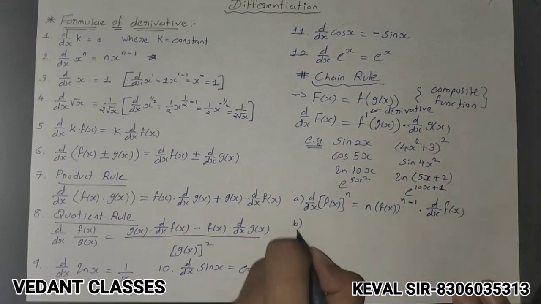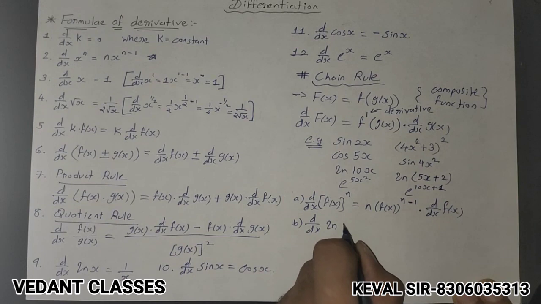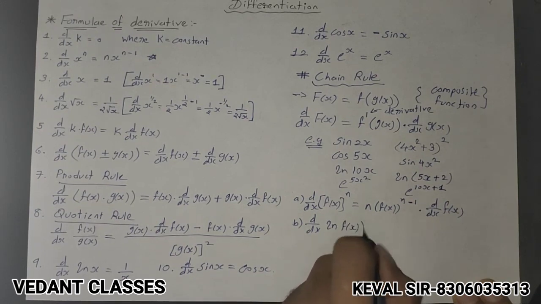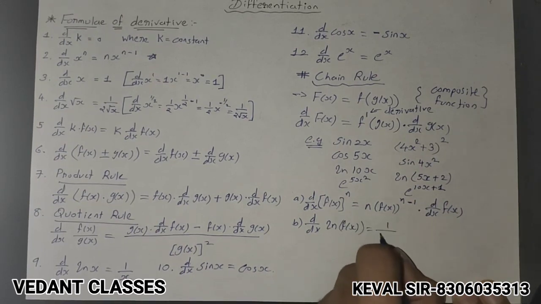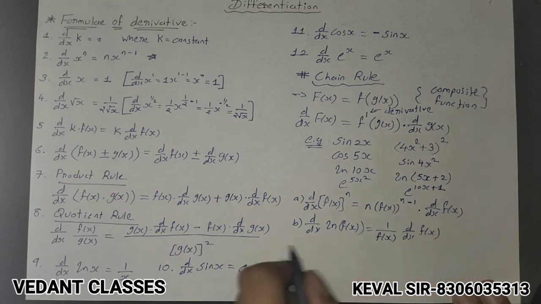The second one is d by dx of ln f of x, which will be 1 upon f of x. This is for the ln. For ln x it is 1 by x; for ln f of x it will be 1 by f of x, and then carry out the derivative of f of x.